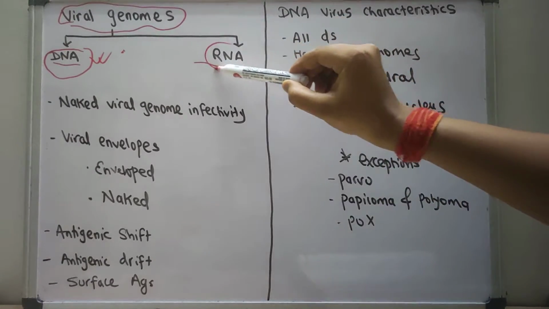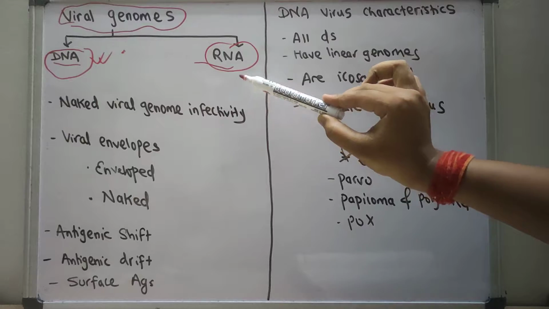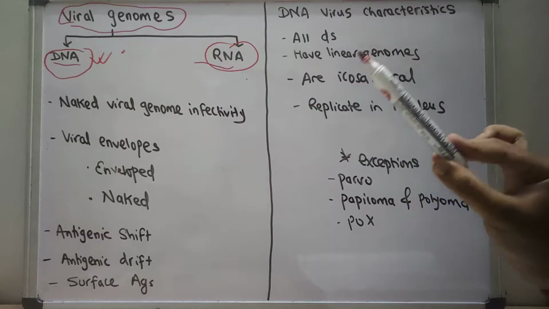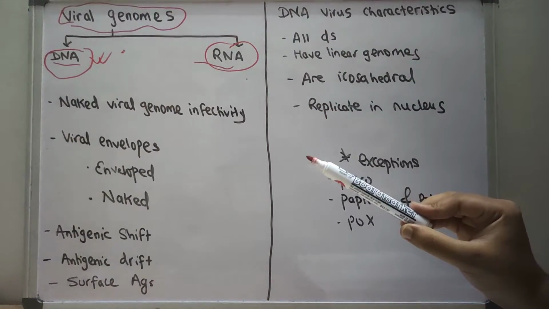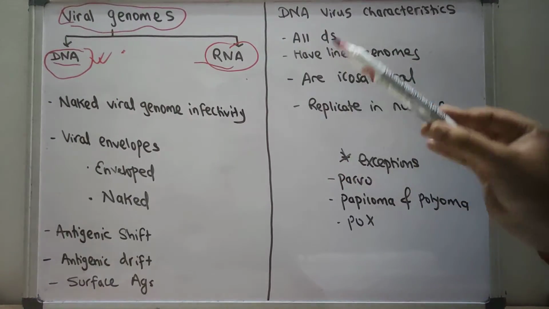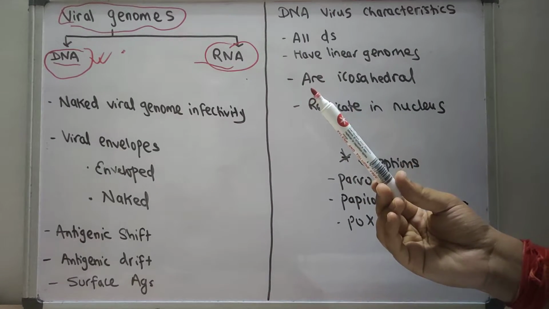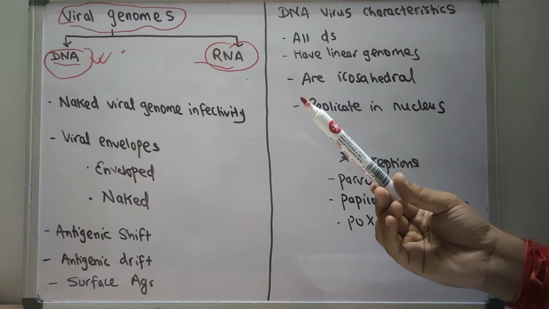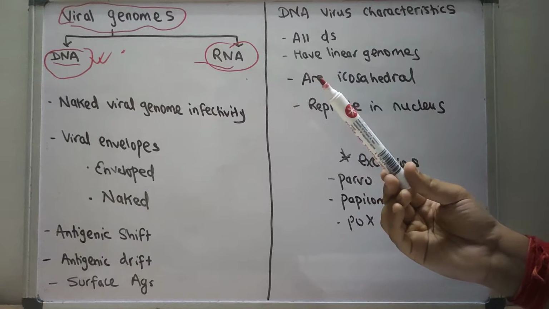Now let us talk about the RNA viral genomes. All RNA viruses have single-stranded RNA genomes except Retroviridae, which has double-stranded RNA. Positive-stranded RNA viruses are retrovirus, togavirus, flavivirus, hepevirus, calicivirus, and picornavirus.